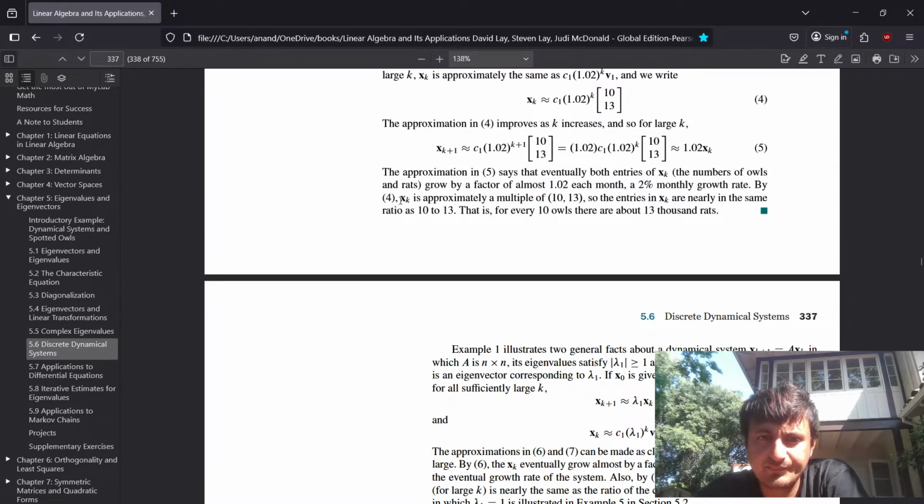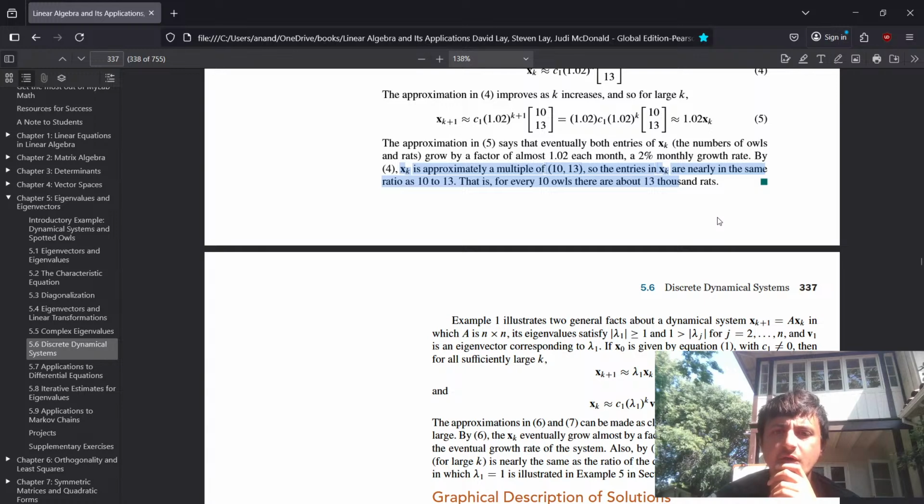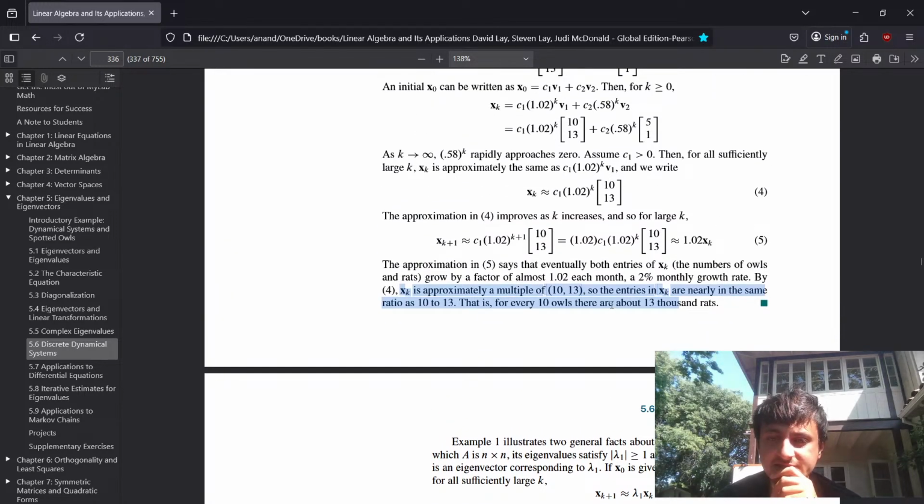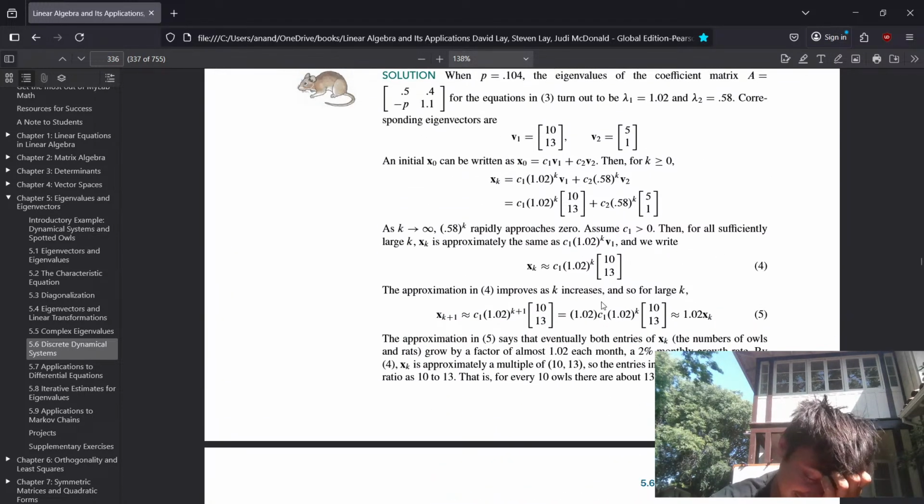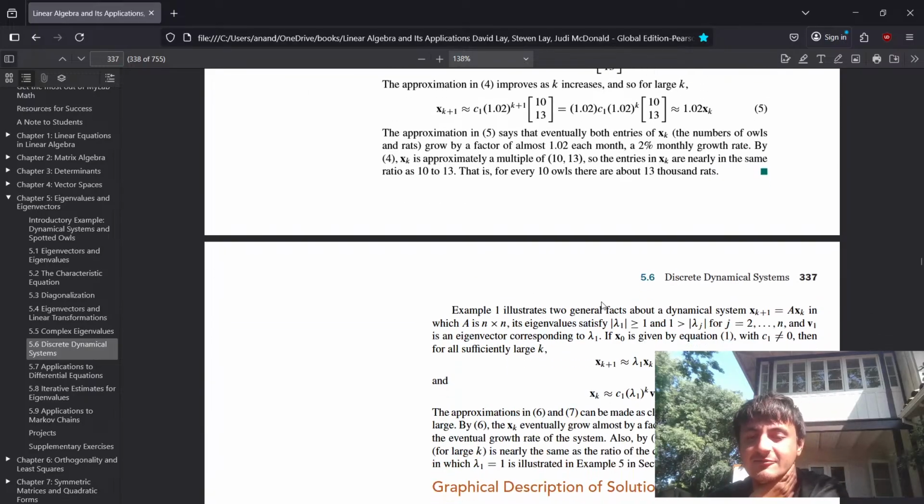By 4, x_k is approximately a multiple of (10, 13), so the entries in x_k are nearly in the ratio of 10 to 13. That is, for every 10 owls, there's about 13,000 rats? Whoa. Okay, there's a lot of rats in the woods.